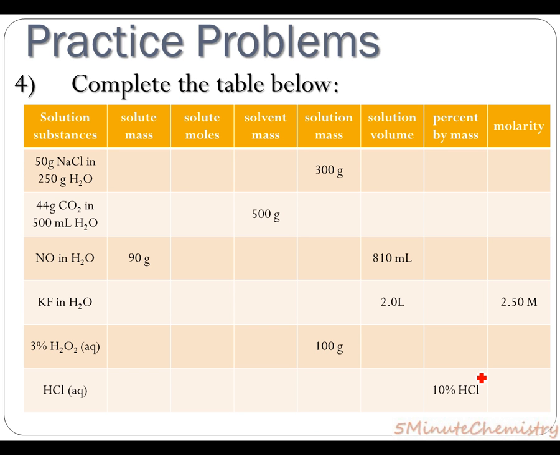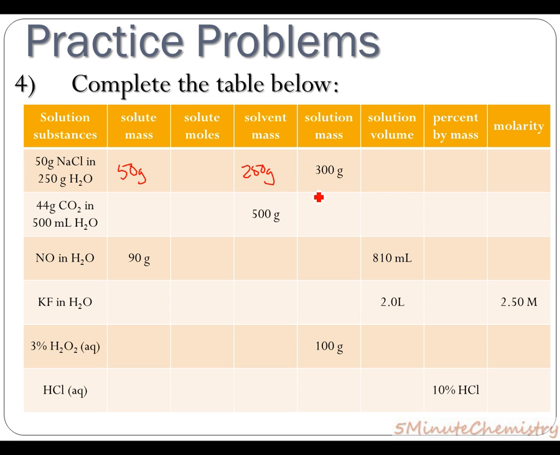Okay, what I'd like you to do now is, again, take a second, complete the table below. I will assume that you've taken that time now, and I'm going to continue. I'm just going to fill this out as we go. So 50 grams of salt means I have a solute mass of 50 grams. The mass of the solvent, if I know solution is solute plus solvent, that's going to be 300 minus 50, which is 250 grams.